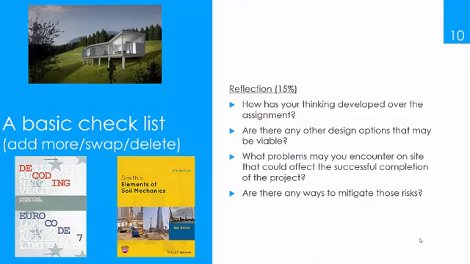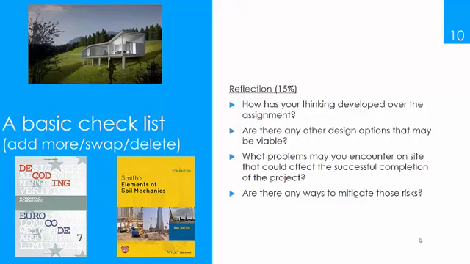And the final part is reflection. How has your thinking developed over the assignment? Are there any other design options that might be viable? Think about this part as well. Of course, you're going to focus on your design, but you need to see the bigger picture.